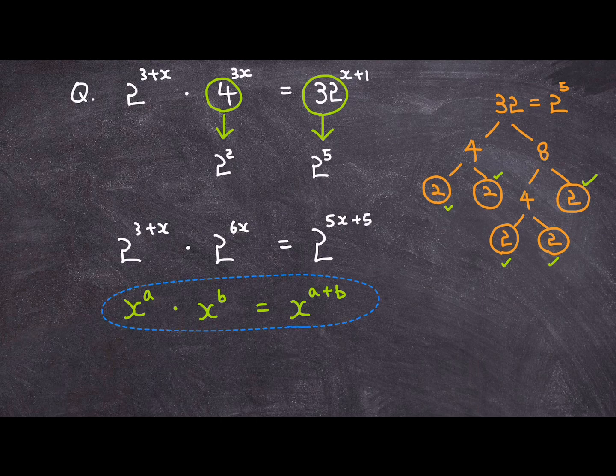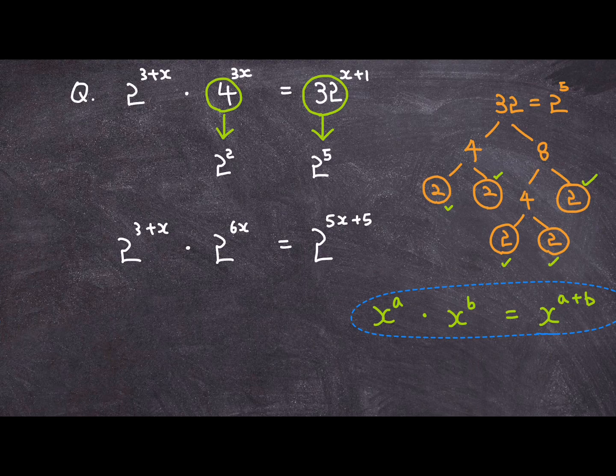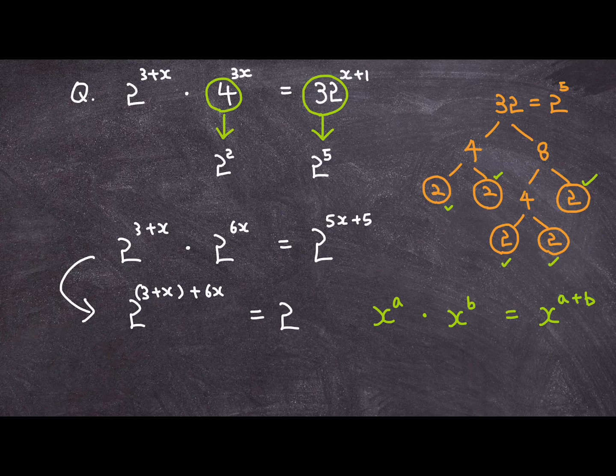So with this in mind, let's solve this one. 2 raised to the power of 3 plus x times 2 raised to the power of 6x will equal 2 raised to the power of 3 plus x plus 6x, and that'll equal 2 raised to the power of 5x plus 5. Now we're talking: this number should equal this number since we have the same root. So I'm going to rewrite it as 3 plus x plus 6x should equal 5x plus 5.